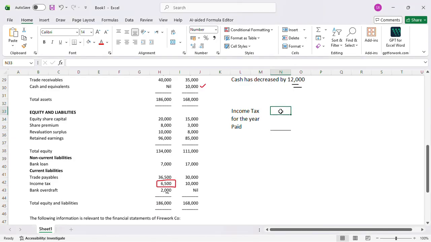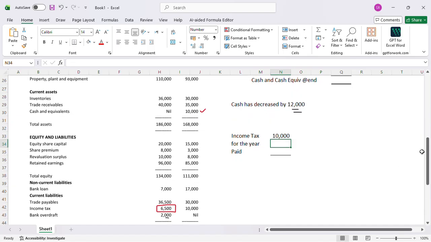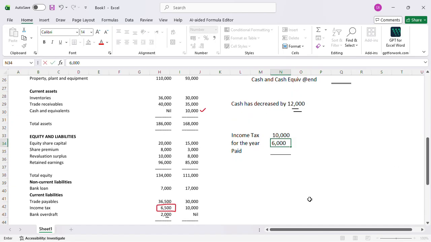Let's work this out. We have an income tax liability at the start of the year, 10,000. The income tax for the year, according to the profit and loss, the income tax expense is 6,000. This is what has been recorded. And we have an income tax liability of 6,500 at the end.